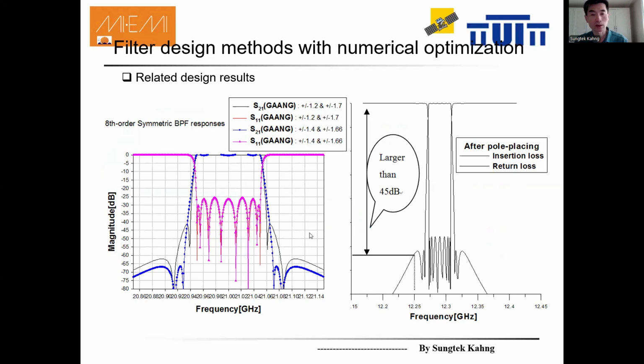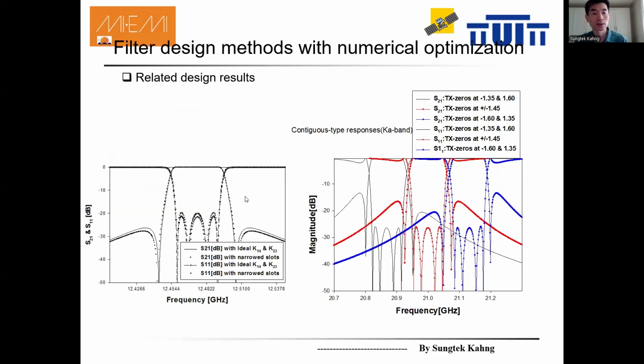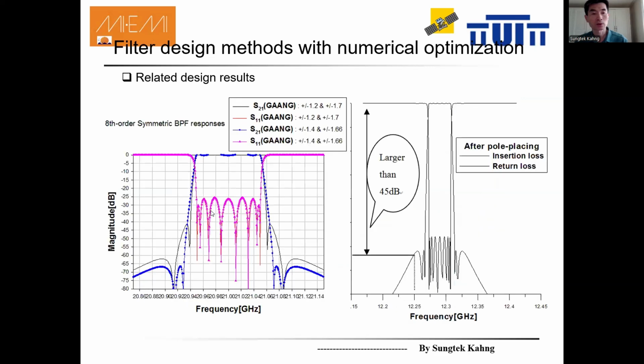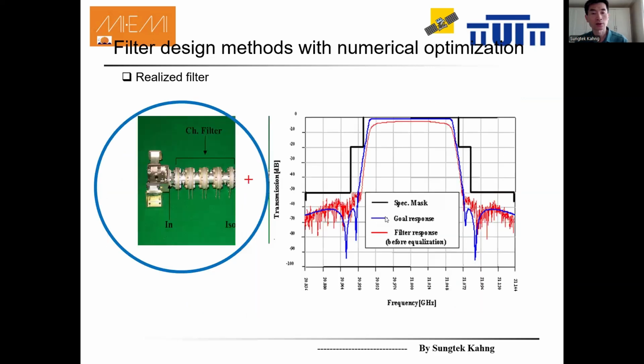And we went further to have a better roll off or skirt performance. And lower order, fourth order filters, lower compared to the higher order for this filter.